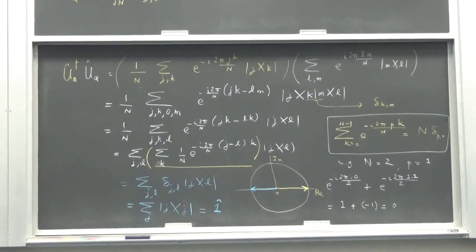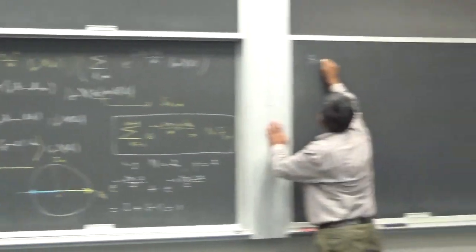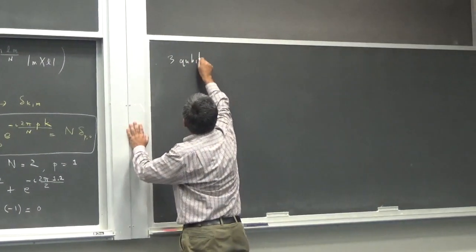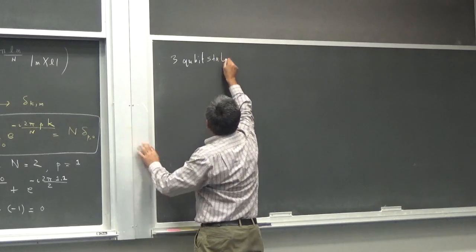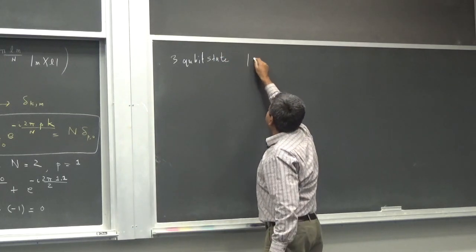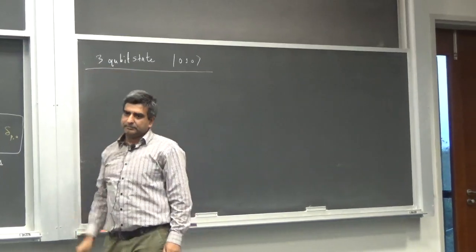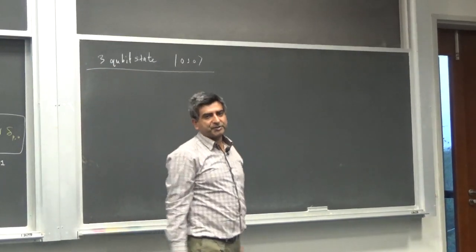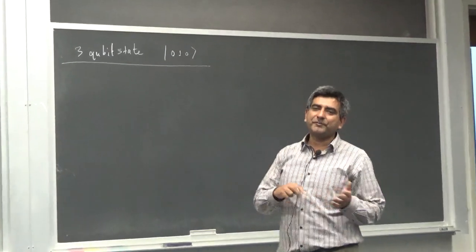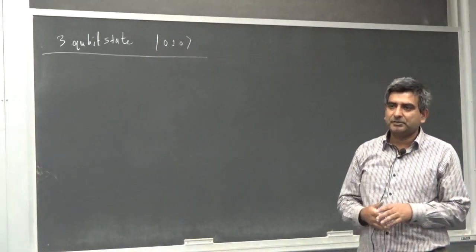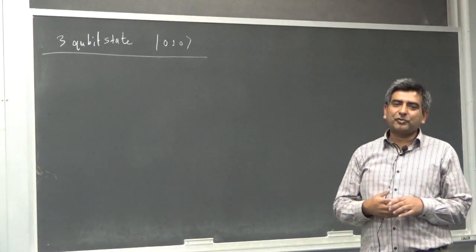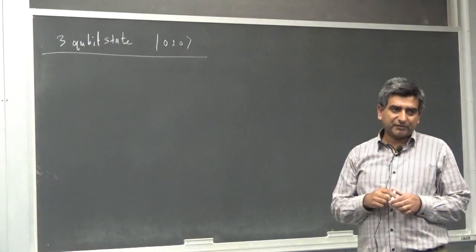Let's look at a 3-qubit state. And let's look at the state 0, 1, 0, right? A Zeeman state or a computational state. And let's find out the quantum Fourier transform of this state, using our conventional definition of the discrete Fourier transform.